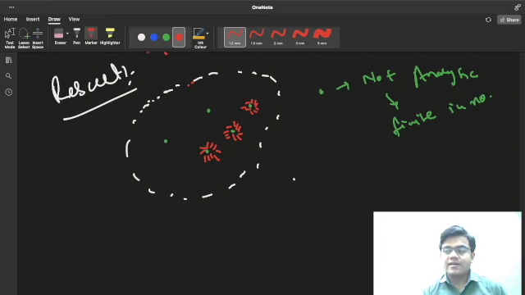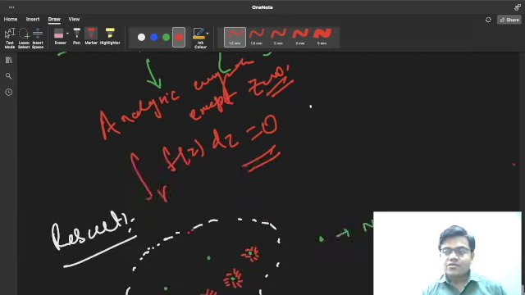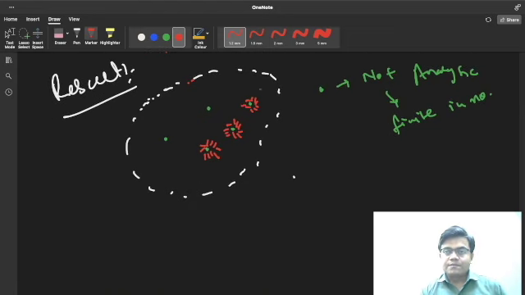Like in the above example, in the neighborhood of 0 your function was certainly bounded, isn't it? Because the limit will be finite. So you can see in the neighborhood of all these points your function is bounded.